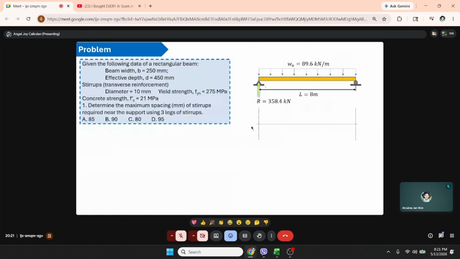If we draw the shear diagram, since it is ascending, we have 358.4, then going down to 358.4 here.